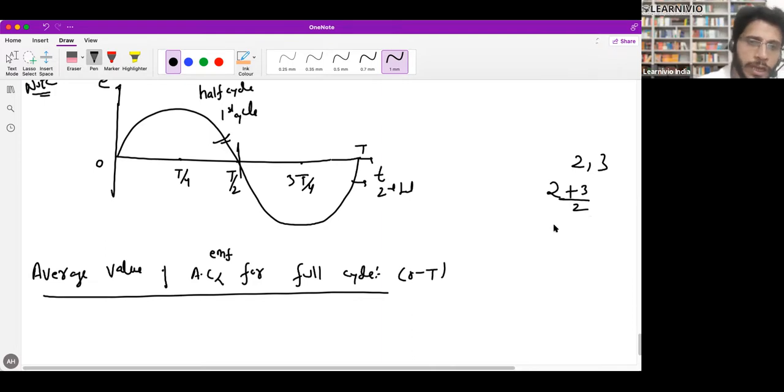What if I ask you to calculate average of 2 and minus 2? Fatma, what would be the average of 2 and minus 2? Fatma, I'm just asking how we calculate average. No answer from Fatma. Nazira, how we calculate average of 2 and minus 2?